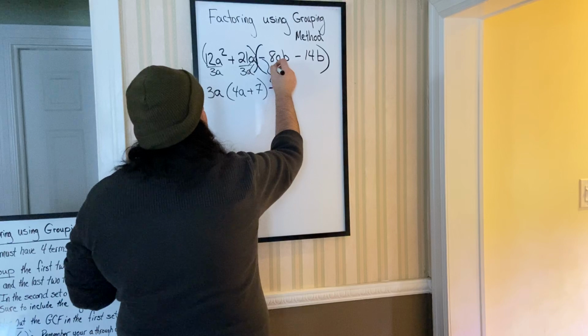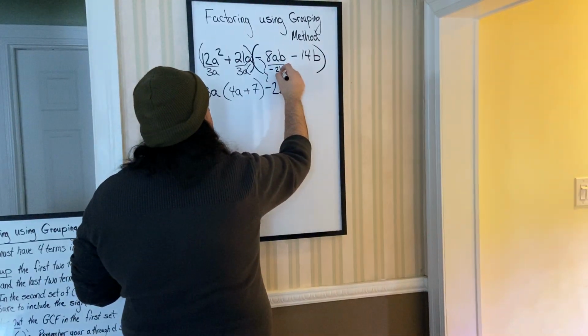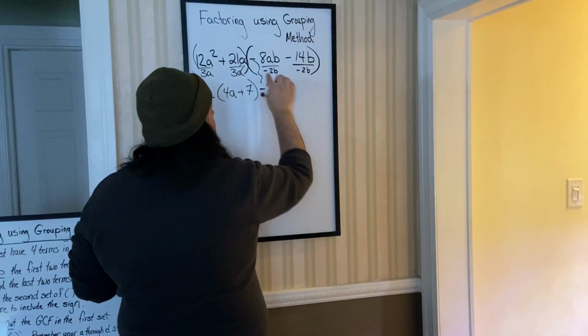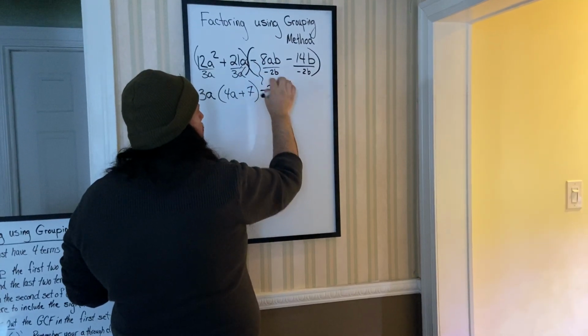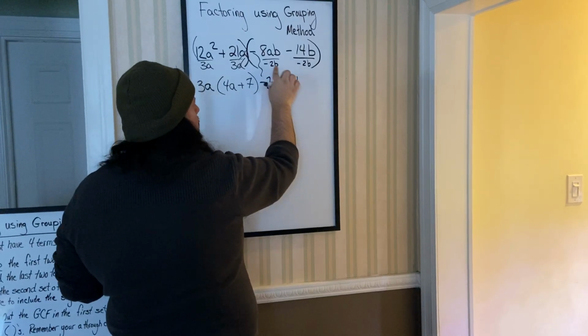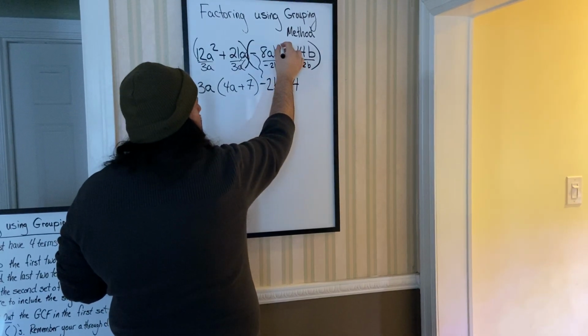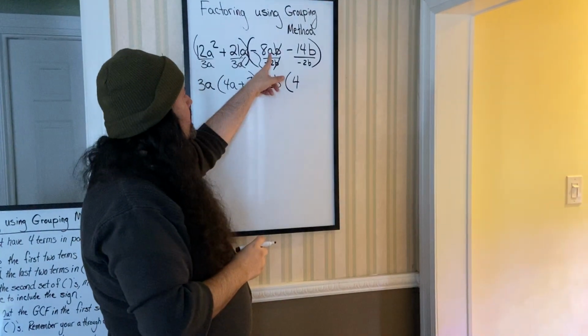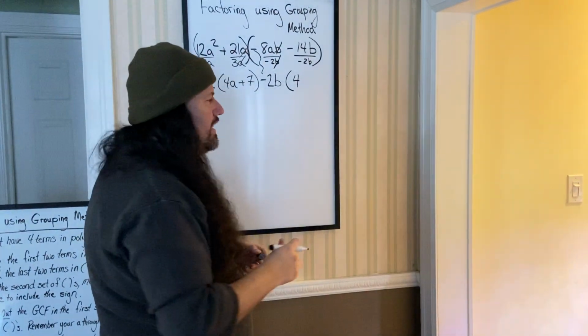So if I divide both of these by negative 2b, you'll get your leftovers. Negative divided by negative, we're going to get a positive. 8 divided by 2 is 4. B on top, B on the bottom, they cancel out, but we still have the A that's left over.